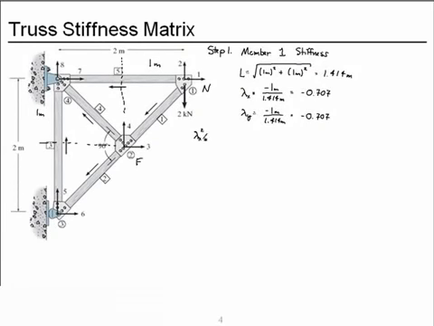Lambda x squared divided by L will be a negative 0.707 squared divided by 1.414 meters, and that equals 0.5 divided by 1.414 meters, and that quantity is a positive 0.3536 per meter.